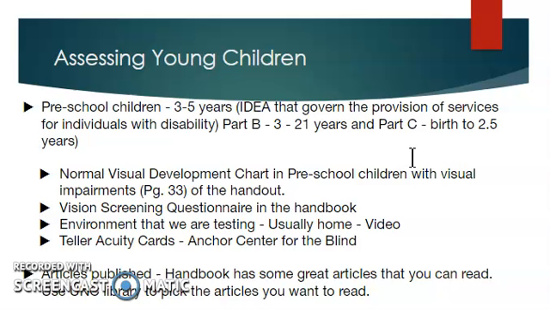I specifically like the normal visual development chart in preschool children with visual impairments on page 33 of the handout. It's a great resource to know, at age 3 months, at age 6 months, what the child should be doing. Because these are developments you will see even in older children, beyond preschool. So you need to understand at what level your students are in terms of visual development.